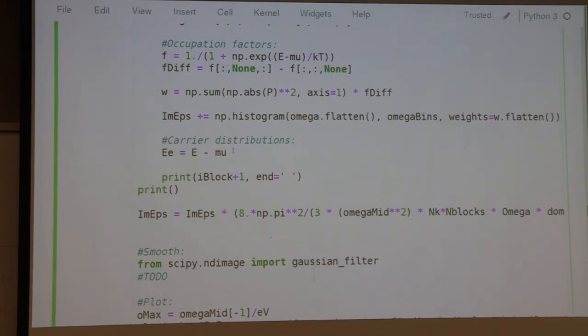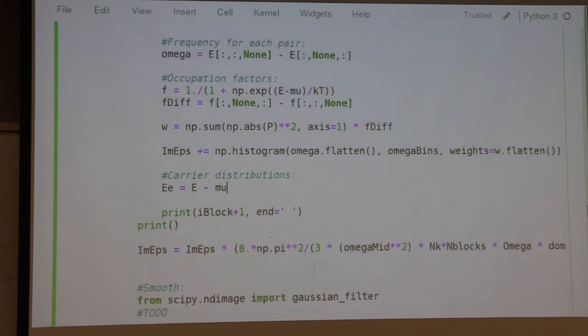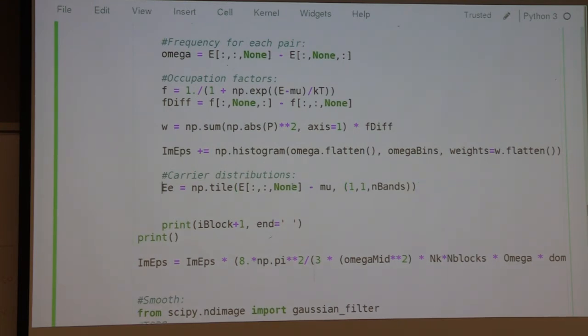So it's going to be E minus mu, because this is going to be above the Fermi level. And I'm going to repeat this for every other state. So this is going to give me the electron energy associated with every transition.